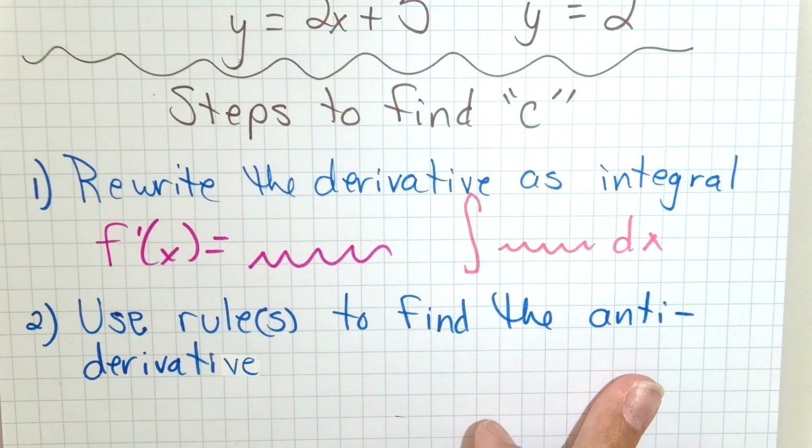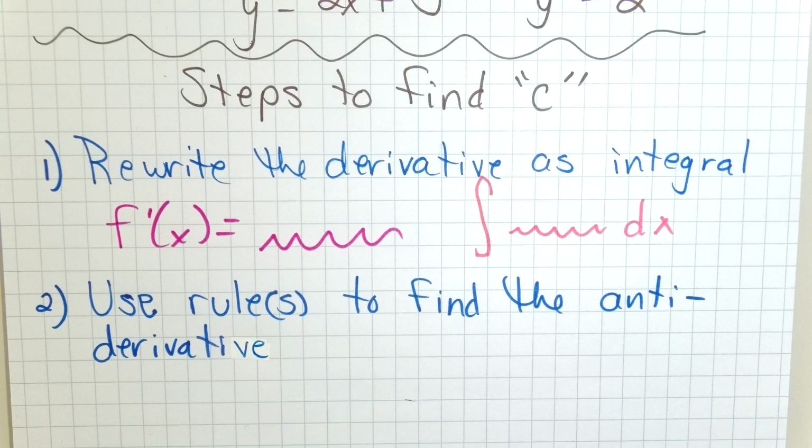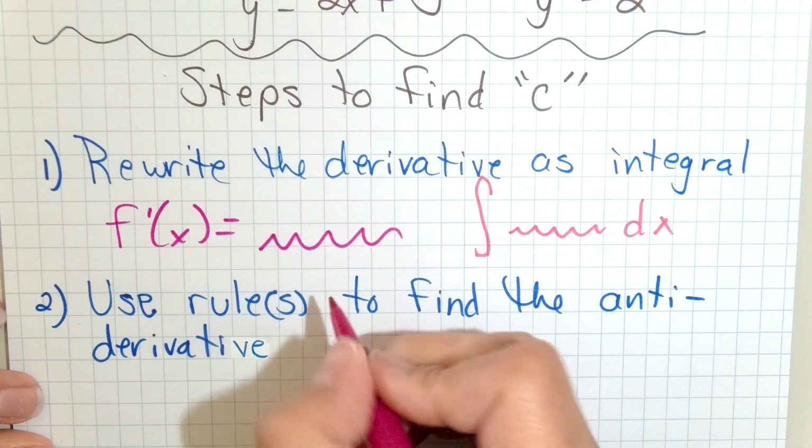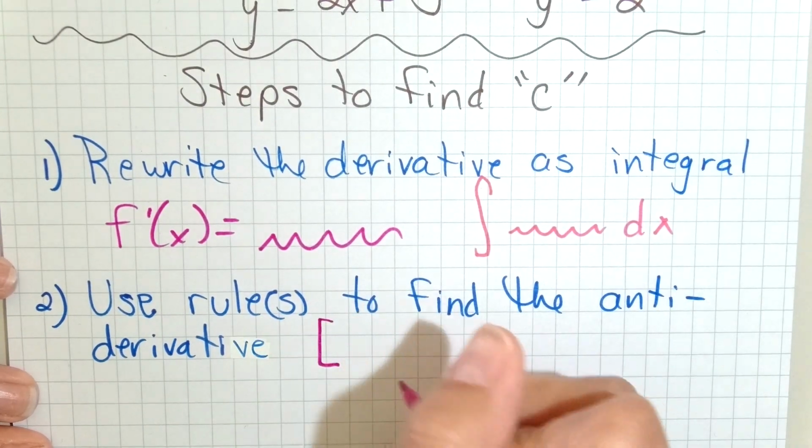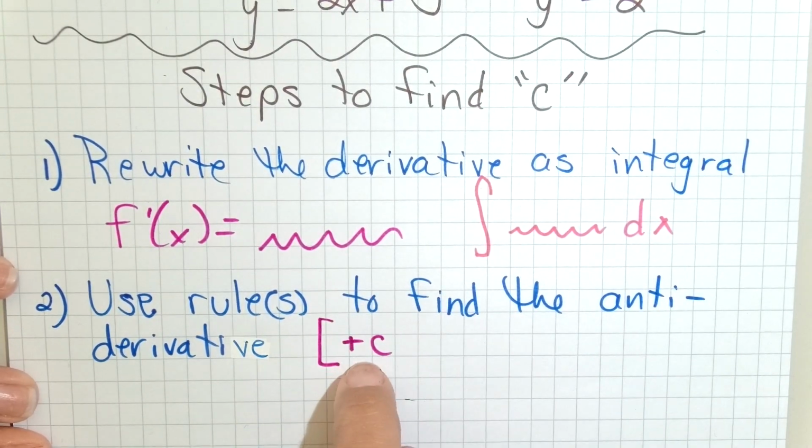You're going to need to use rules to find the antiderivative. So what we did in the do now, that's the antiderivative. We use the constant rule, we use the power rule. That's what you're going to do as your second step. But make sure in this step, you are adding your plus C. Don't forget that part, because your assessment is going to be 2 standards. Finding the integral and finding C, 2 standards, okay?